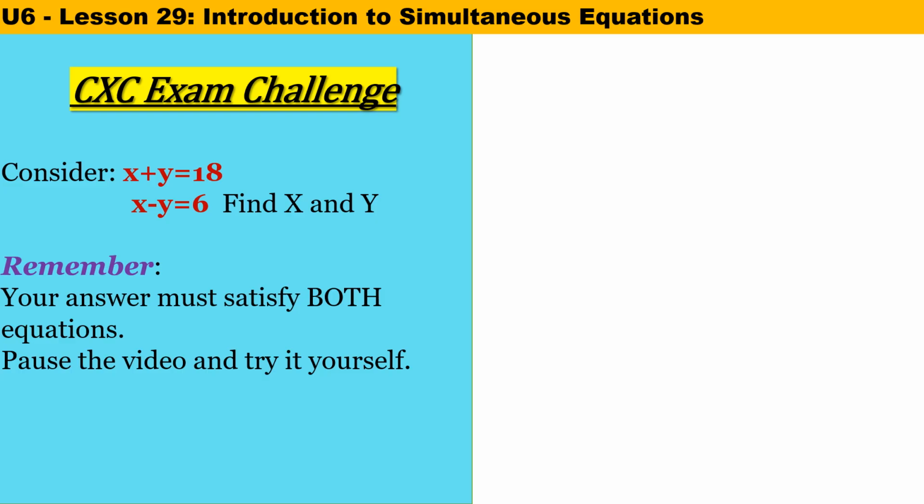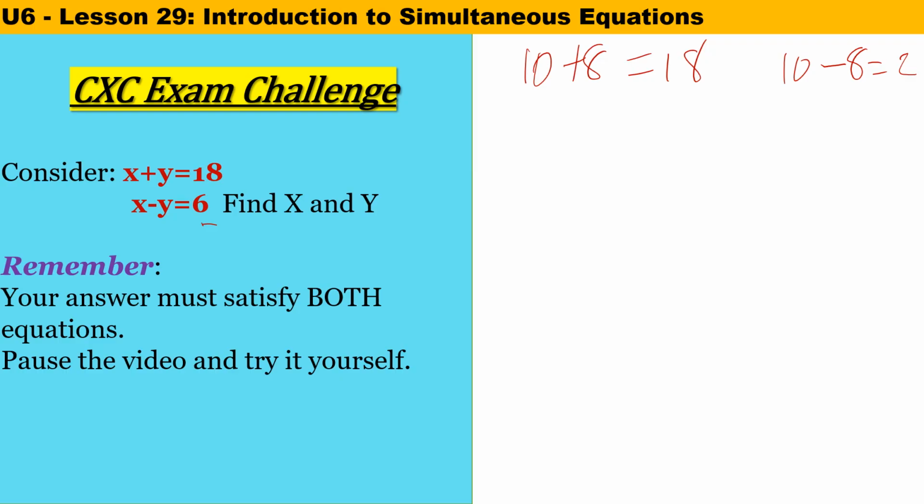So what two numbers can we add to get 18? 10 plus 8 is equal to 18, but 10 minus 8 is equal to 2 and not 6. So that did not satisfy both equations.